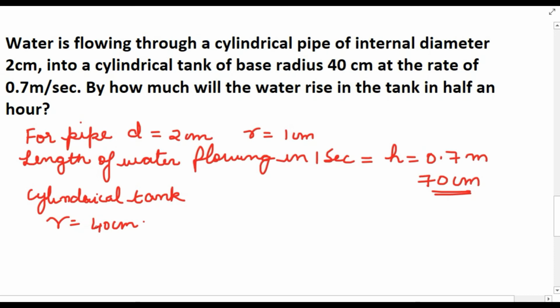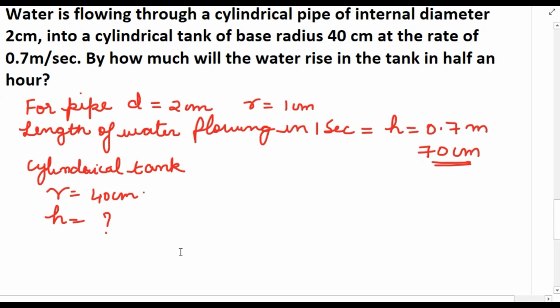We need to find the water rise in the tank. For that we have to find h. So the volume of water flowing through the pipe in 1 second will be pi r square h.